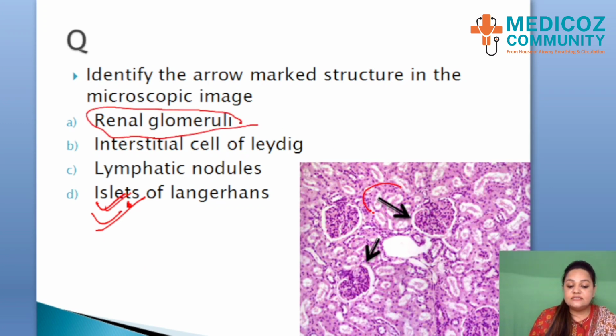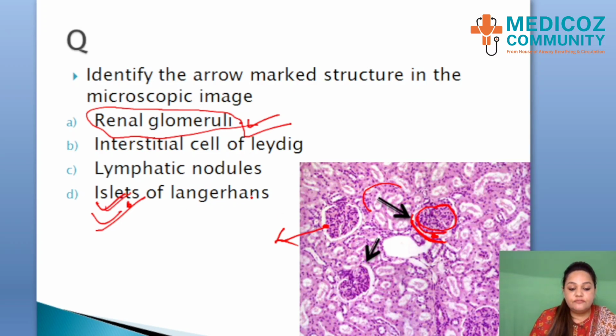So in this case, the marked structure is the glomerulus. Surrounding it there are two layers, the parietal and the visceral layer, and in between you can see the space. With the help of this, you can say this is the slide of the kidney, and the marked structure is the renal glomeruli.